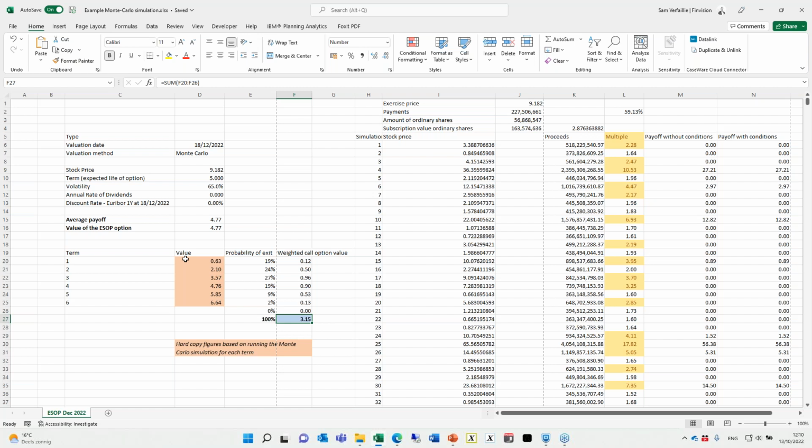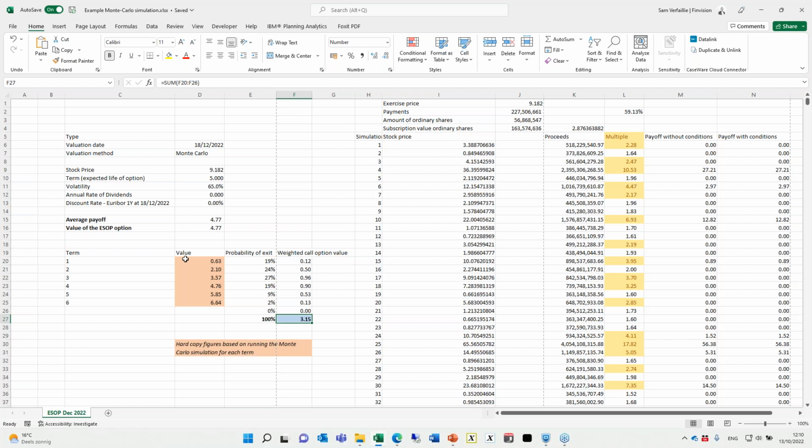It can be 0, it can be 100%, or it can be somewhere between. That's something impossible to estimate using a Black-Scholes model or even a binomial model, because it's not only two cases, an upward and downward movement. There are much more possibilities. It's multi-dimensional, I can call. Then you need to use a Monte Carlo.